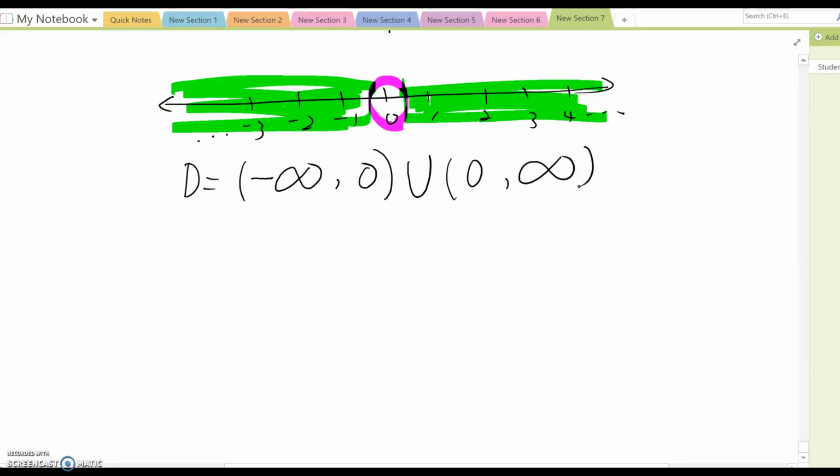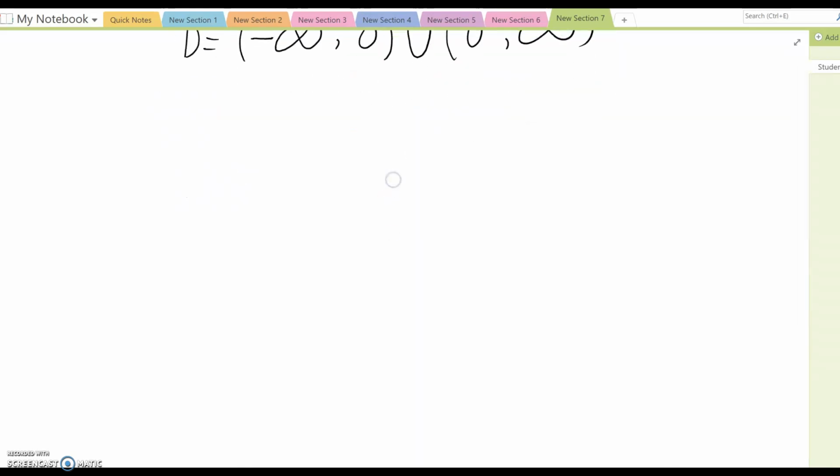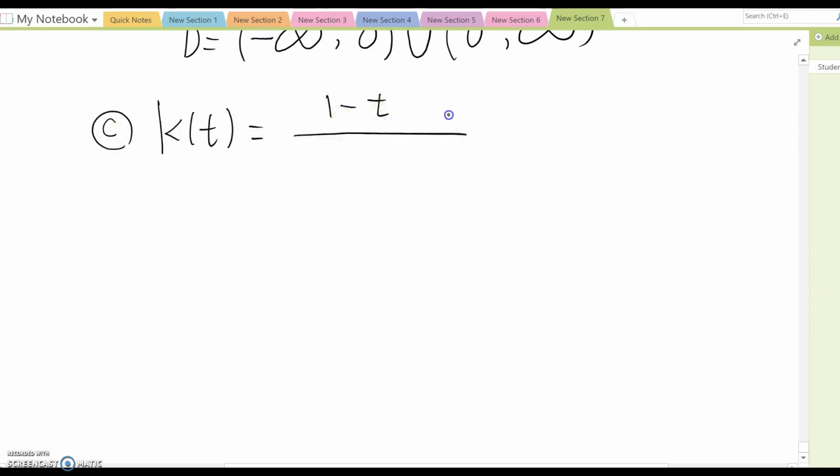So let's look at a little harder question. k(t) equal to 1 minus t over t squared minus 7t plus 12.